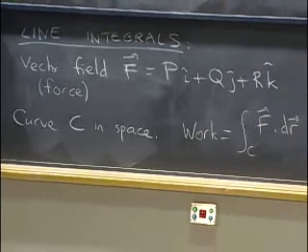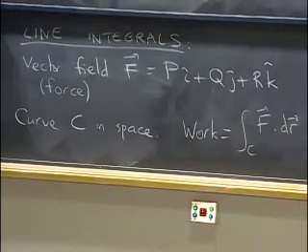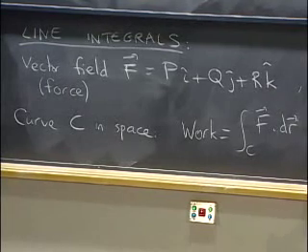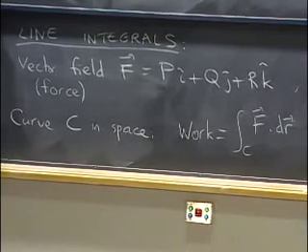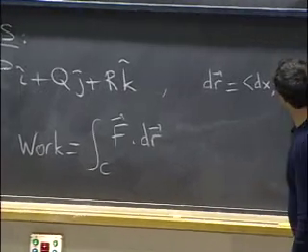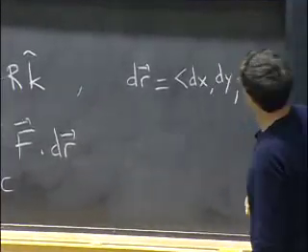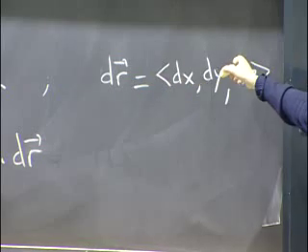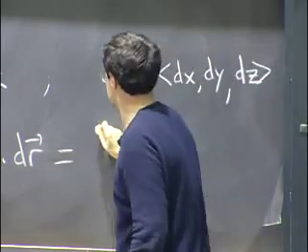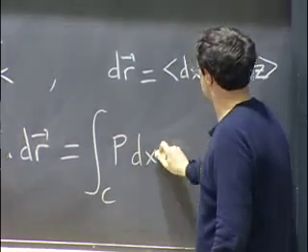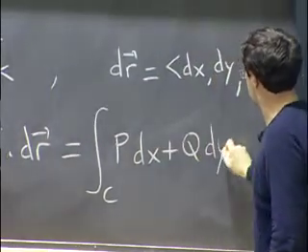And what we do with that formula is also familiar, except now, of course, we have a z coordinate. So we're going to think of vector dr as a space vector with components dx, dy, and dz. So when we do the dot product of f with dr, that will tell us that we have to integrate p dx plus q dy plus r dz.